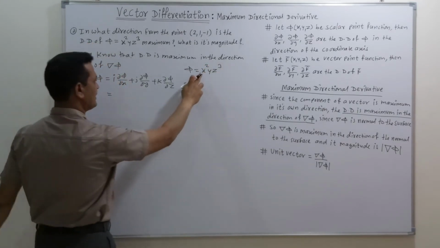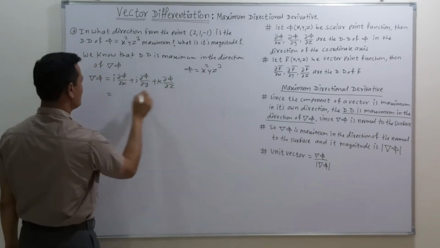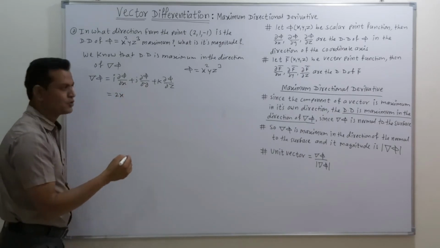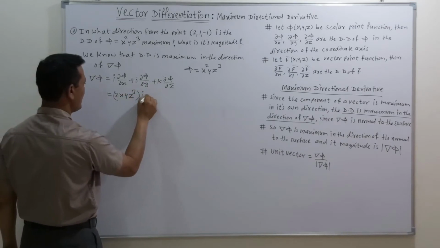Now friends, find out the derivative of phi with respect to x. Here y and z are constant, so we can write this as 2x, because the derivative of x square is 2x, y and z constant, into i.